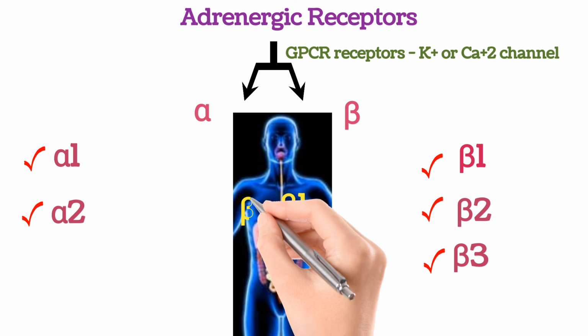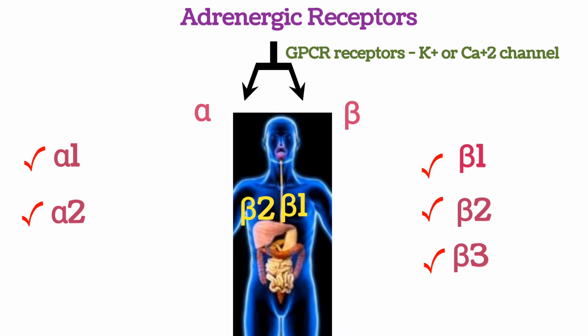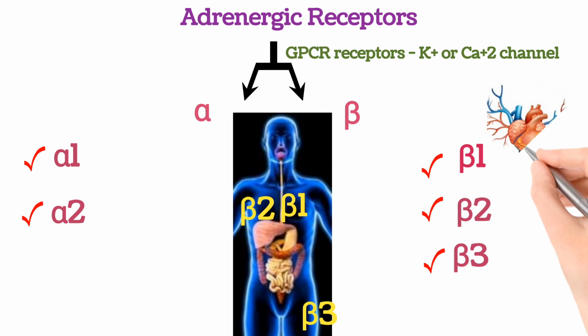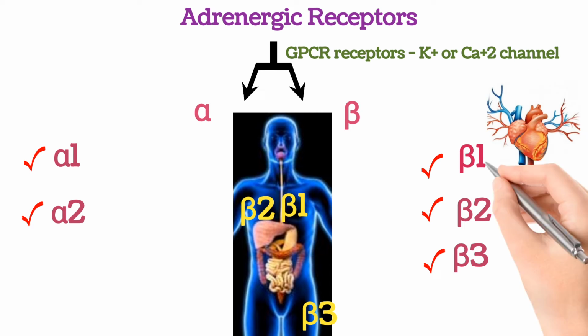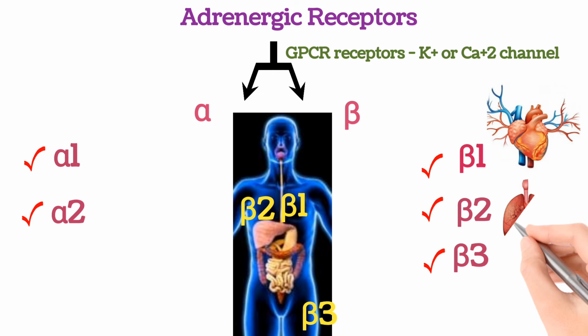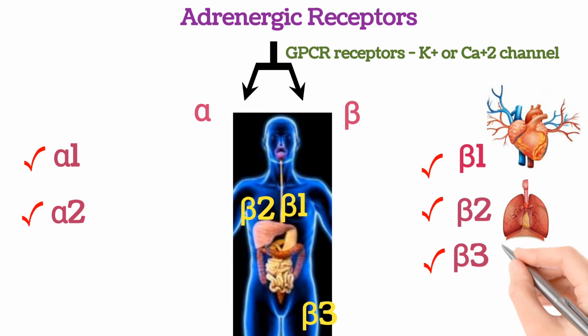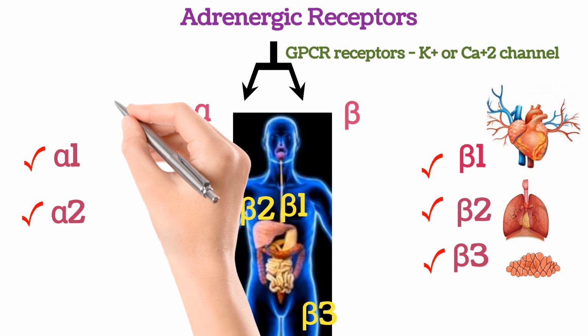Through this diagram, we will understand the location. Beta 1 is present in the heart, beta 2 in the lungs, and beta 3, let's write it at the bottom, is present in adipose or fatty tissue.